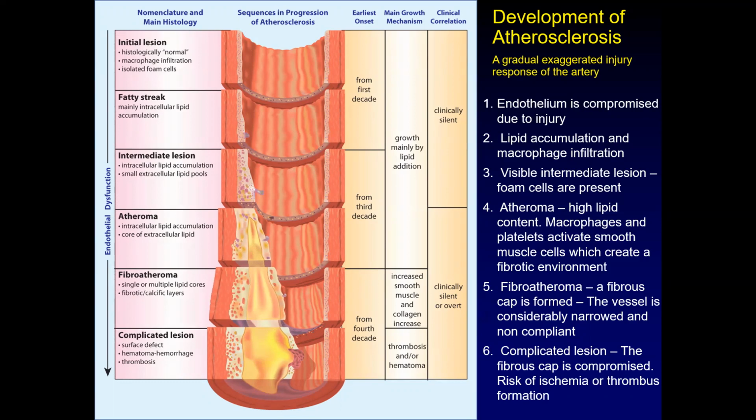What we normally see, and this is not the length of a vessel, this is the same section of a vessel showing progression over time, is that you get what's called a lesion. You get a little nick or a little cut on the inside of a blood vessel.